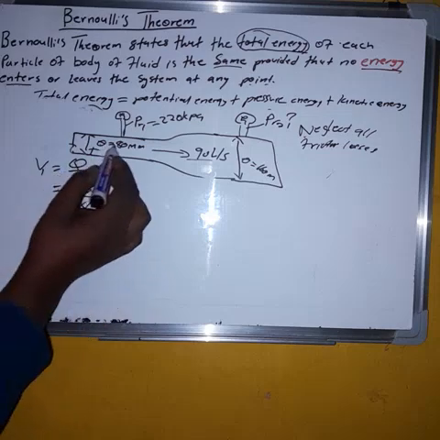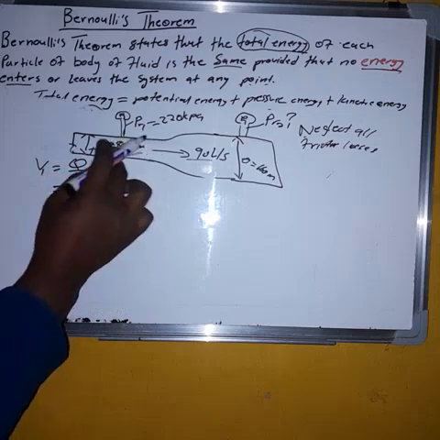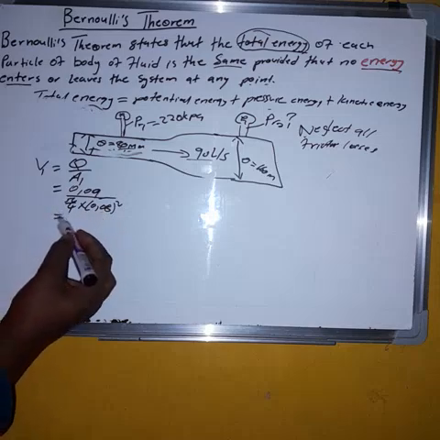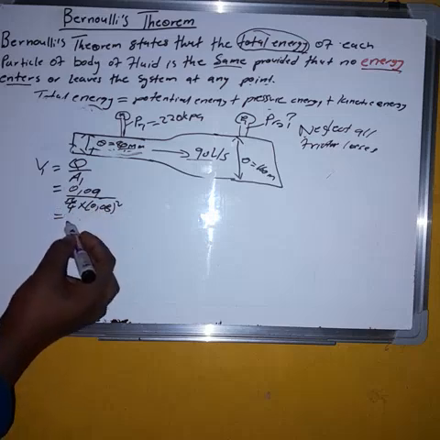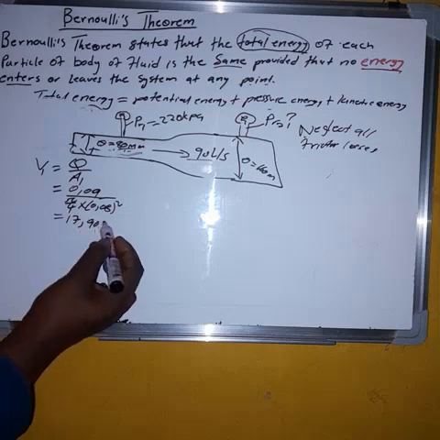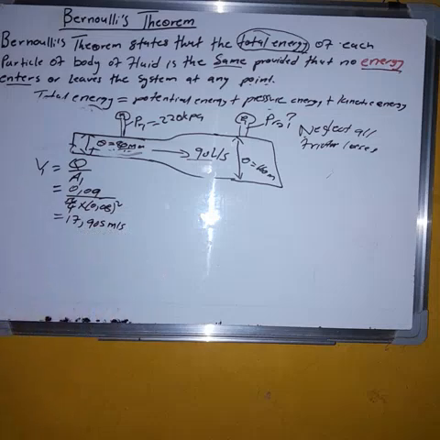Remember, the diameter is 80 millimeter. You divide by 1000 so that it will be in meters. Then you punch this in a calculator, and you should get 17.905 meters per second. This is V1.